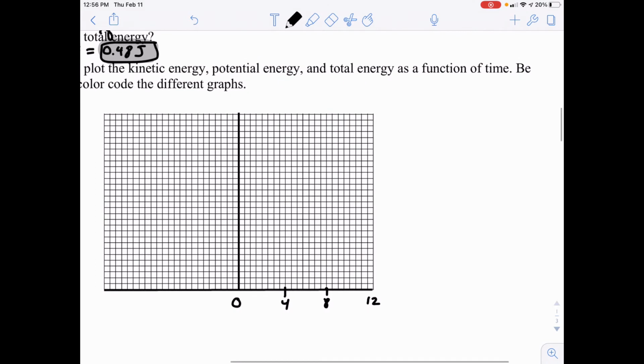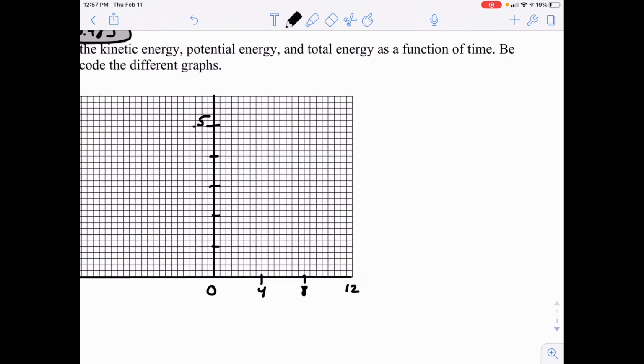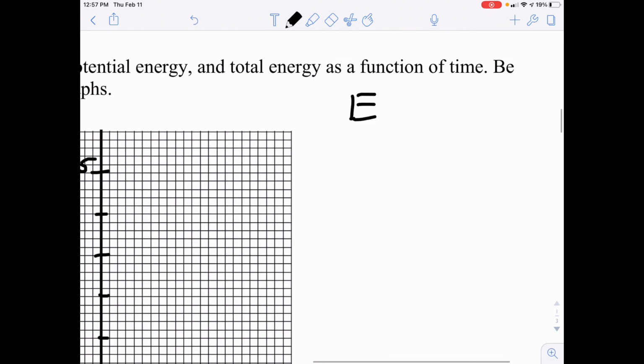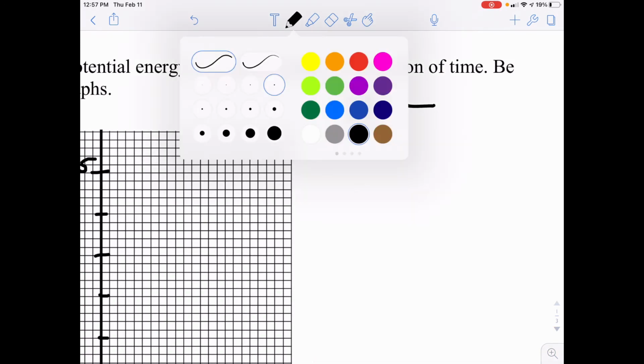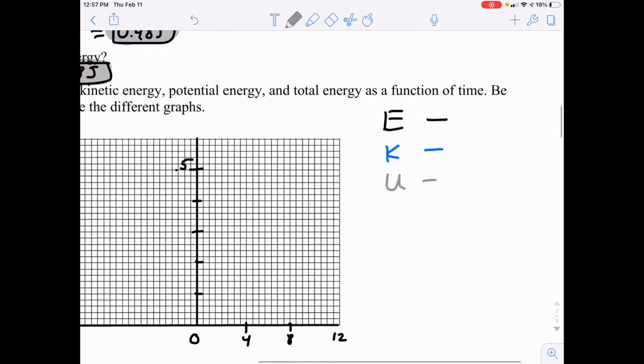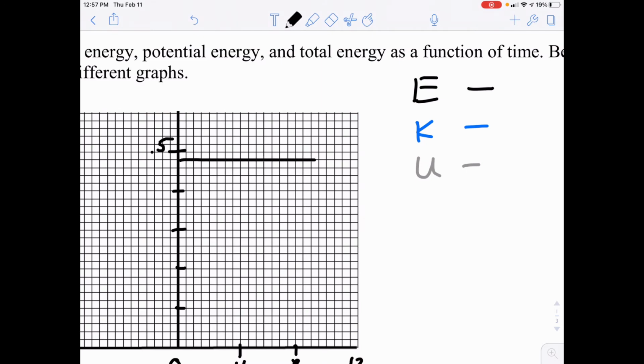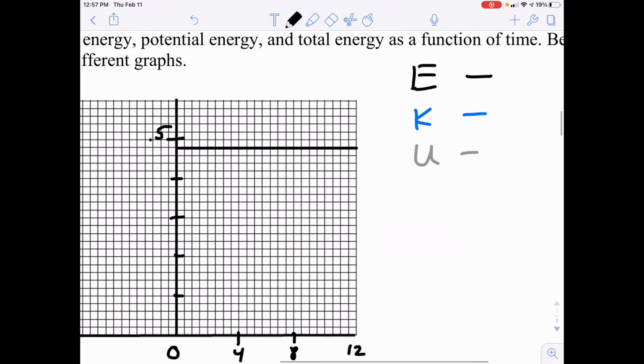Okay. I'm going to go 0.1, 0.2, 0.3, 0.4. That would be 0.5 joules. Over on the side here, I'm going to make E be represented with black. I'm going to represent kinetic energy with blue, and potential energy with gray. So my total energy would be the same, 0.48 joules all the way across.